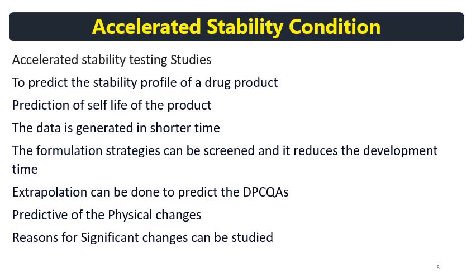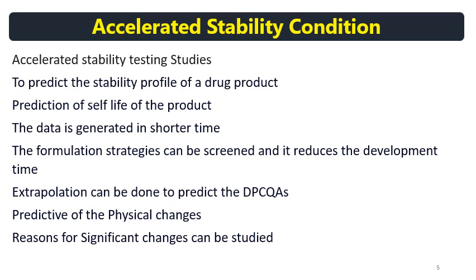Then prediction of the shelf life and expiry period. By storing the product at accelerated condition for 6 months, the data is generated in a shorter period of time compared to the intermediate condition and the long-term condition. So in a shorter period of time, data can be available for shelf life prediction and for filing.